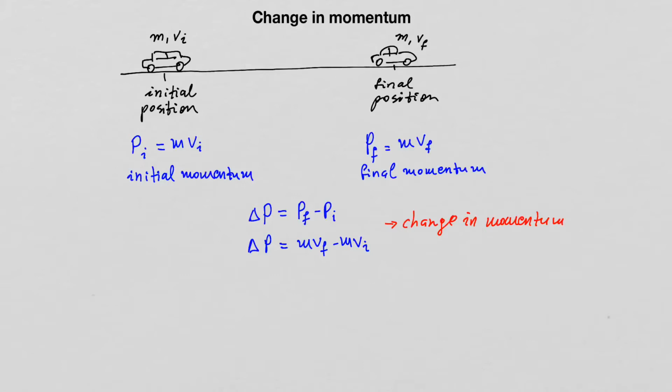So the symbol delta that I've used here for the definition for change stands for change in. And the same principle of calculation of a change can be used for calculating change in all kinds of physical quantities, change in temperature, change in kinetic energy, change in volume, and so on and so forth.